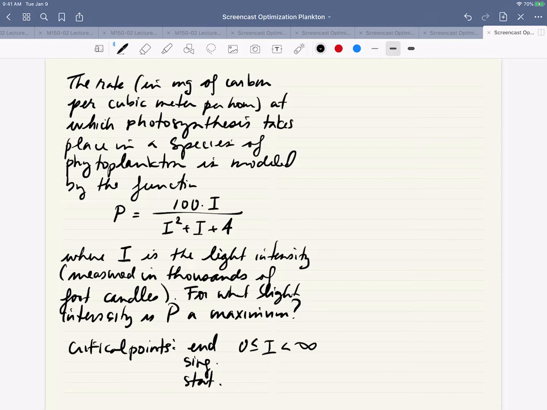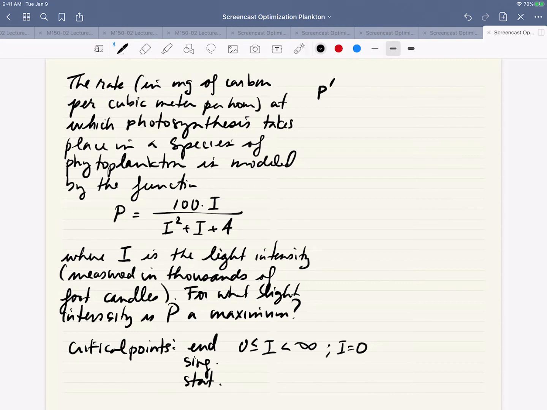So with this observation, we only get one endpoint, I equals 0, from the context of the problem. Yes, this function is defined everywhere, but in our problem, I has a specific meaning that dictates that it has an endpoint here. So that's the first critical point. For the other critical points, the singular point and the stationary point, we'll take a look at those together after we compute the derivative. Let's do that now.